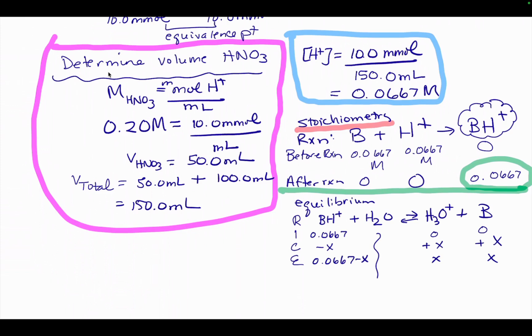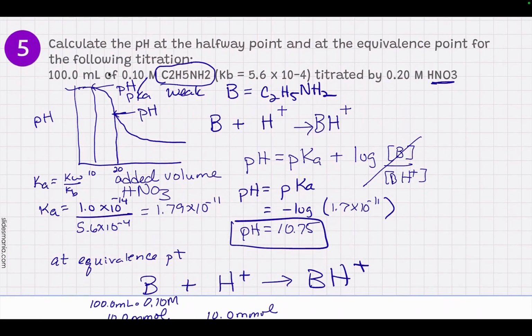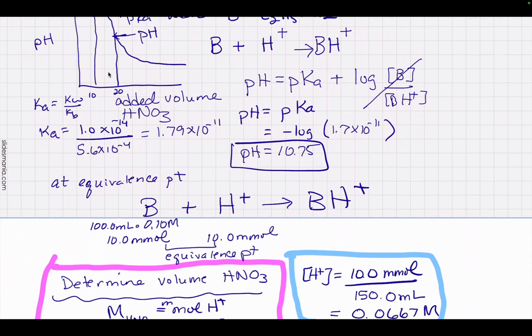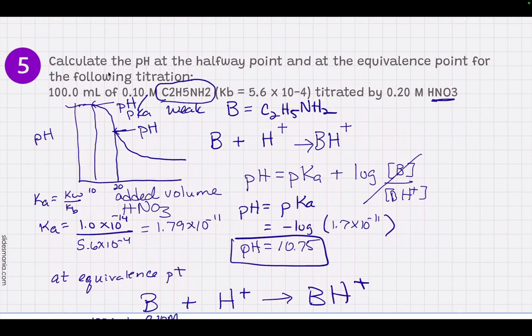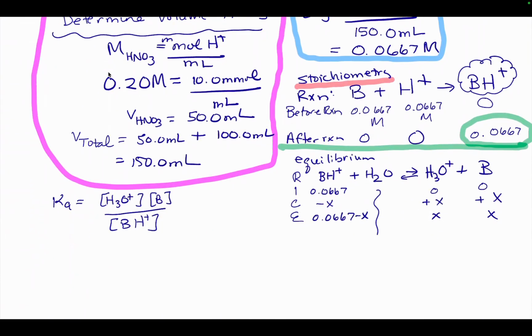Now I'm going to write my Ka expression for that equilibrium, and I'm going to sub in. In the question, it's a long one, isn't it? They gave me the Kb, so I am going to have to solve for Ka.